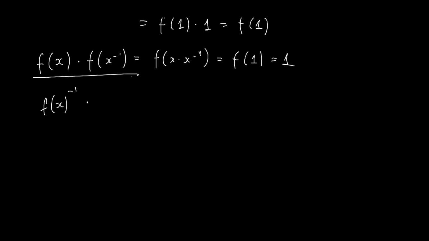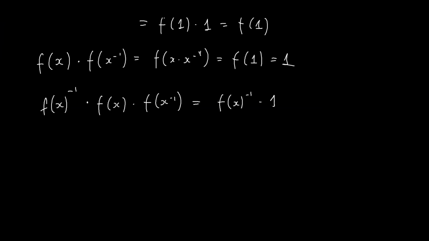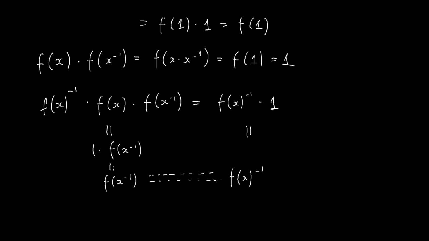We multiply that by this whole thing. And that gives us that it equals to that. Of course, the left side here, because these two together will give us 1, and then 1 times that gives us that. And on the right side, we had that thing times 1, which of course is just f of x inverse. And so that's how we get eventually that these two things are equal. Okay, there we go. And then the proof is complete.